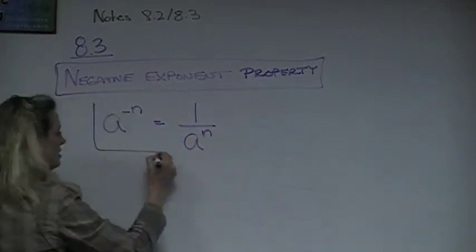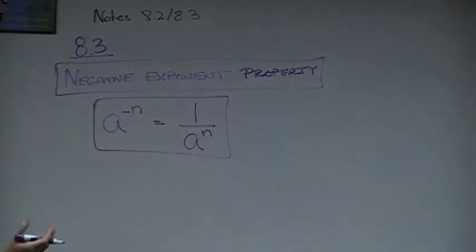Okay, so this is our negative exponent property. It says that whenever we have a negative exponent, we have to take the reciprocal of the base to make that exponent positive. Okay?